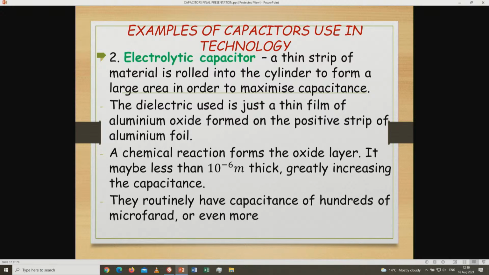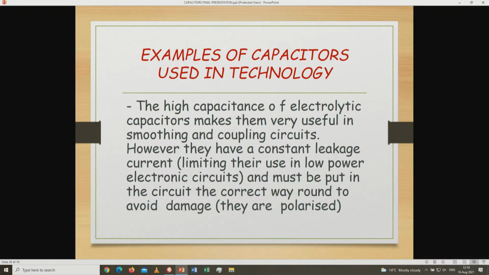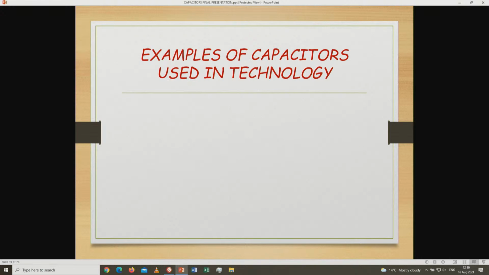The dielectric used is just a thin film of aluminum oxide formed on a positive strip of an aluminum foil. Now, the chemical reaction forms the oxide layer. It may be less than 10 to power -6 meters thick. This greatly increases the capacitance. Right, now this is just a whole story about examples of capacitors used in technology.